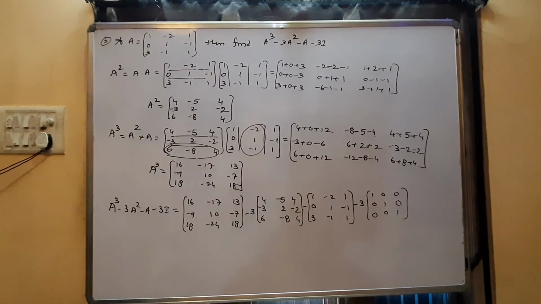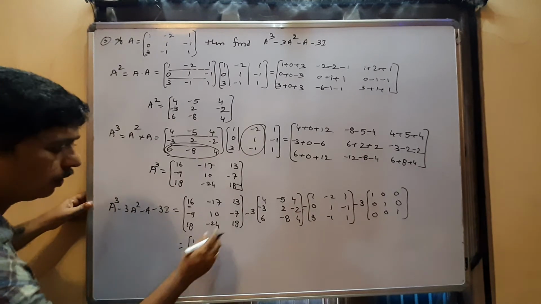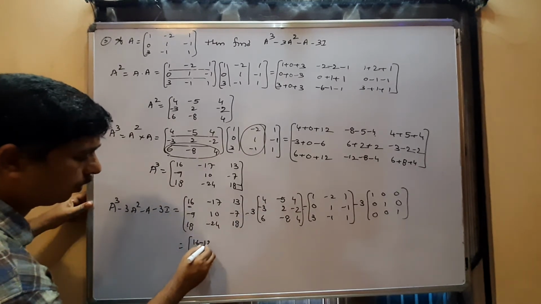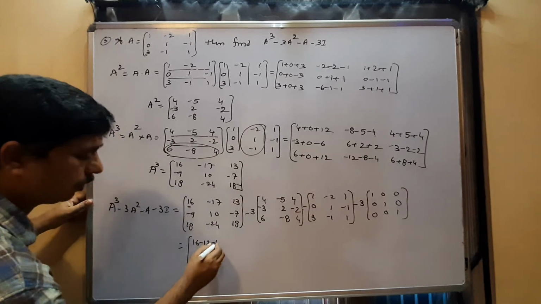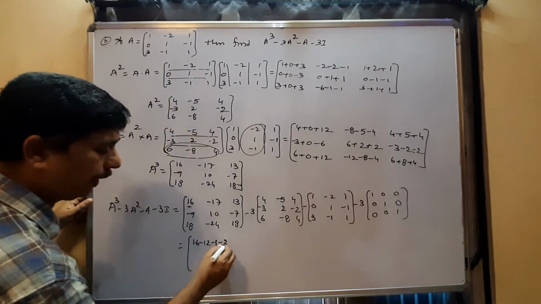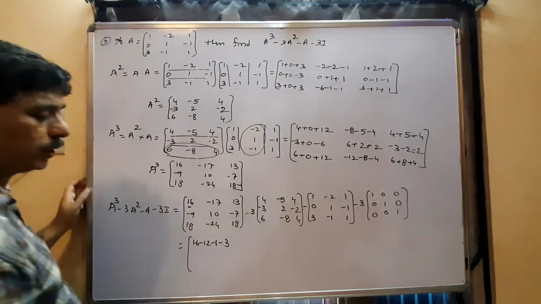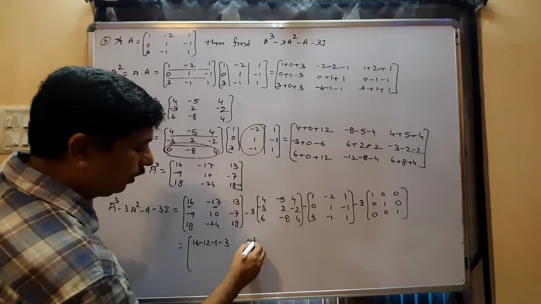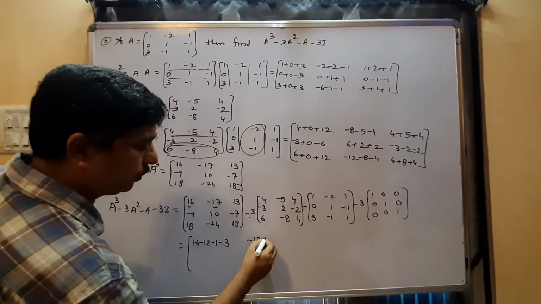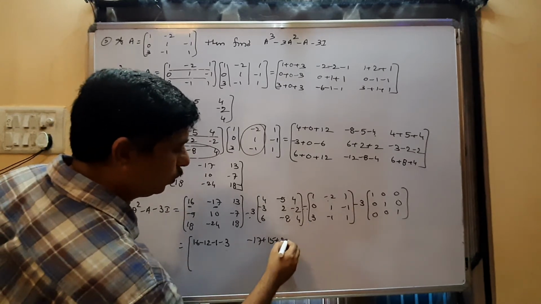Now this is directly what I am writing. First row first element: 16, minus 3 into 4, minus 12, plus 1 into minus 1, next 2, minus 3 into 1 is minus 3. You can apply this to every element. First row second element: minus 17, minus 3 into minus 5, plus 15, minus of minus, plus 2, 0.